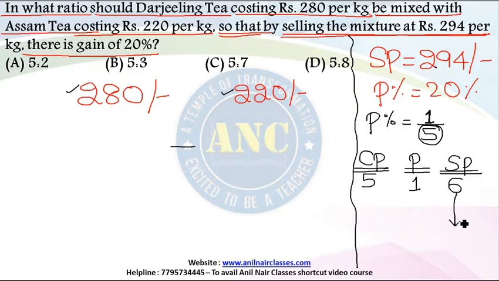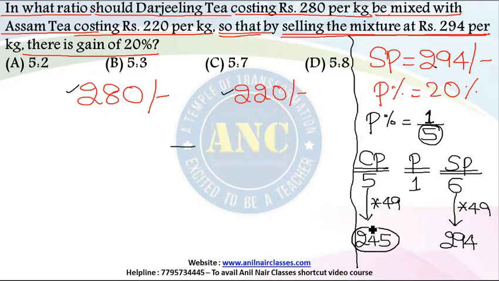But the question says selling price is not 6. Selling price is 294. 6 into 49 is 294. 5 also multiply by 49. 5 into 49 is 245. This cost price I should put here as the resultant. That means instead of saying that there is a 20% profit on 294 rupees selling price, I can also say that the cost price is 245.